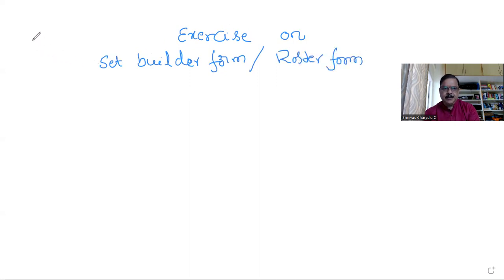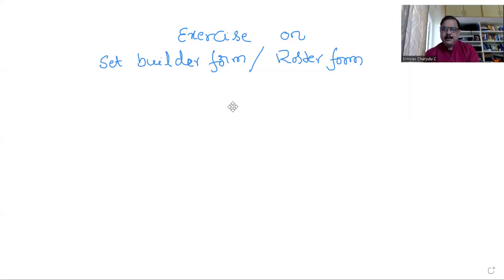Okay, target is what? Today we should completely understand the writing of elements from the statement, and from the elements the statement. Both we should be in a position to write.